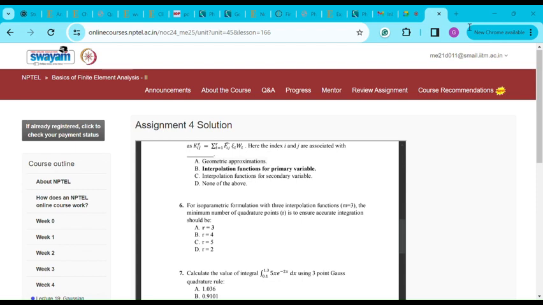And R is, sorry, I forgot the formula. It is R equals P plus 1 by 2.